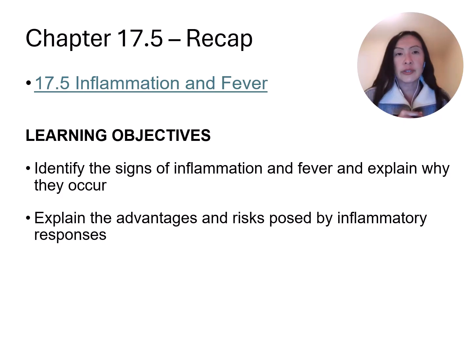But the risks or harms is that there could be extensive or prolonged inflammation, like we saw in chronic inflammation that can lead to tissue damage. We could also see swelling in confined spaces that could be dangerous, like airway swelling that would cause airway obstruction, or brain swelling that could lead to increased intracranial pressure. And uncontrolled systemic inflammation can also be dangerous.